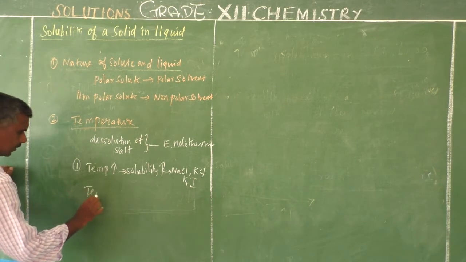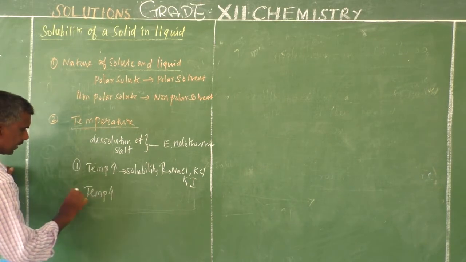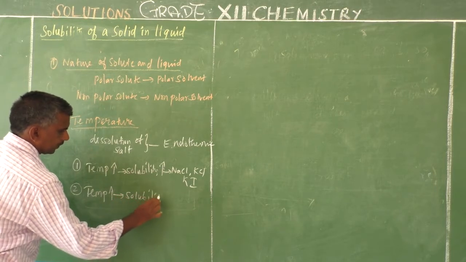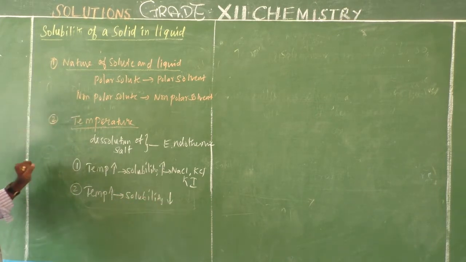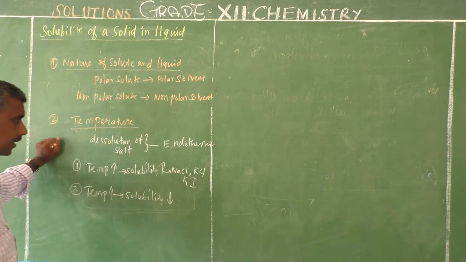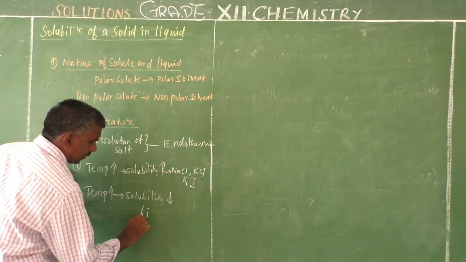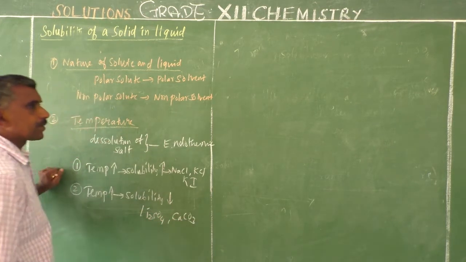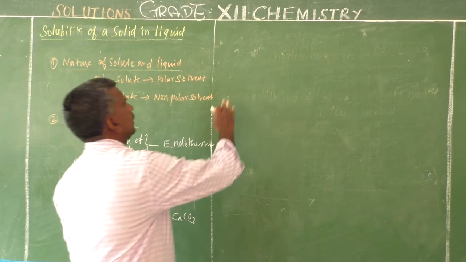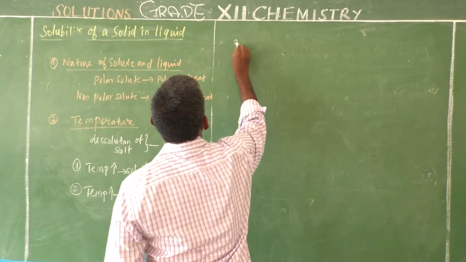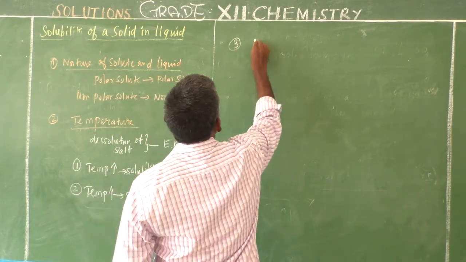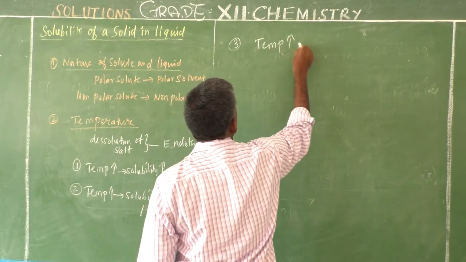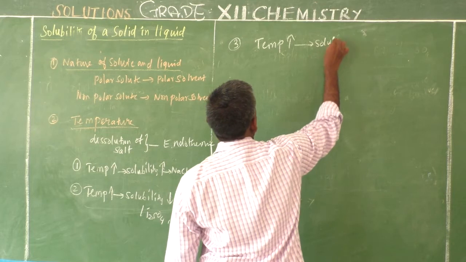Second, temperature increasing, solubility decreasing. Examples: lithium sulfate, calcium carbonate. Third, first temperature increasing, solubility increases.